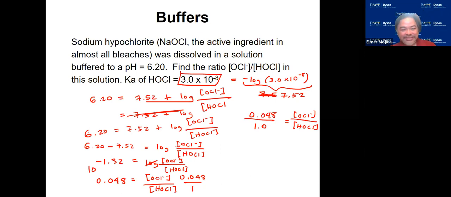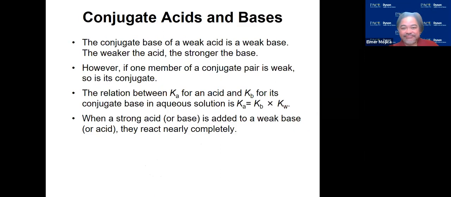Since it's given there as 0.048 as calculated by Kyle, that means for every one of HOCl, the corresponding conjugate base is 0.048. And this is set up by the pH that we set. Okay? So what else do we need to know?